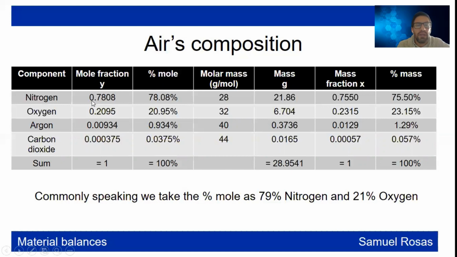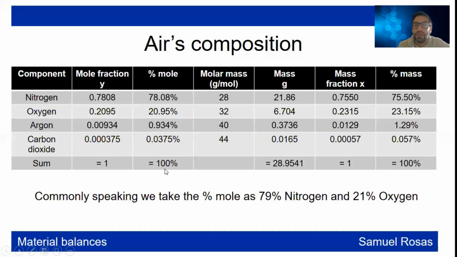So we have 0.7808 of nitrogen, 0.2095 of oxygen, this amount of argon, this amount of carbon dioxide. We have a lot of more components, but let's just stick with those 4. These are the main ones. If we add this up, this will yield to 1.